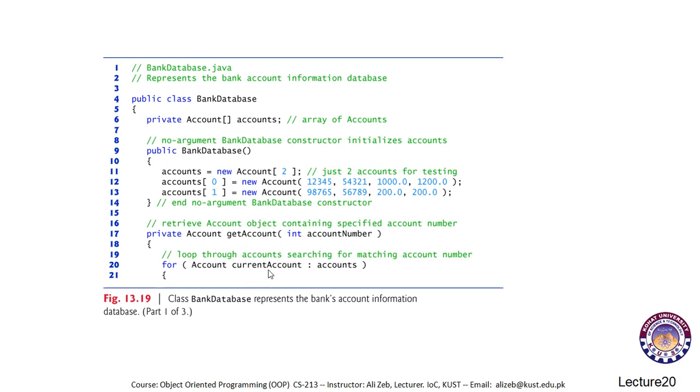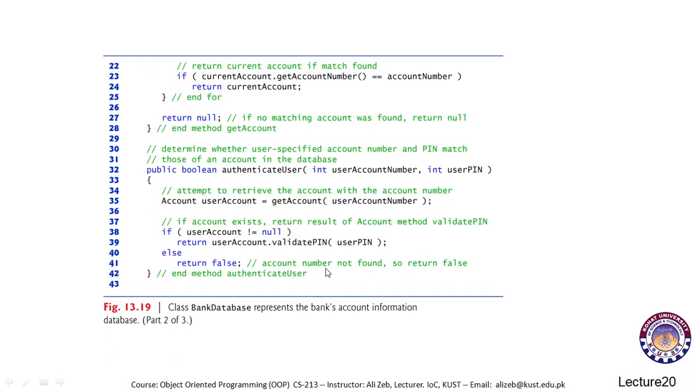So we go through the array, and once we have identified the required account number, we initialize that to our current account and return that. If no matching account was found, return null.